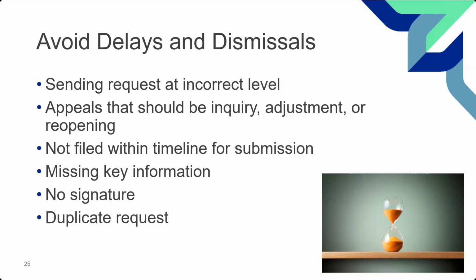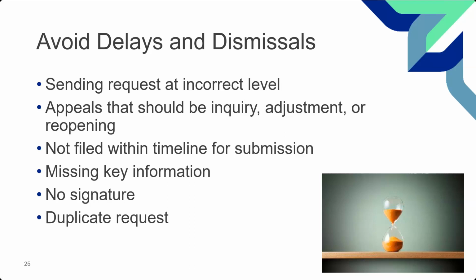I know we're just talking about redeterminations today because those are the ones that we process at WPS, but all 5 levels of appeal have a time limit associated with them. And they're not all the same. They range from 60 days to 180 days, depending on the level. Redeterminations are 120 days.